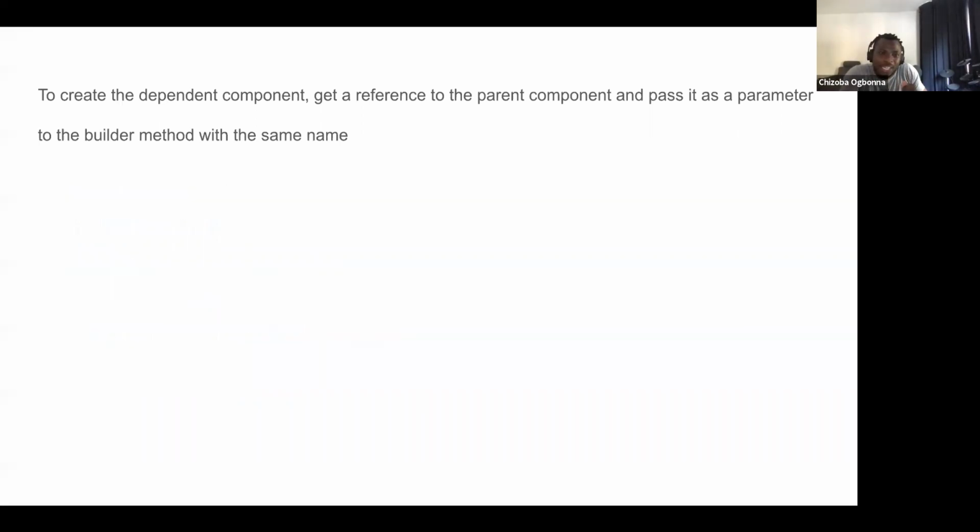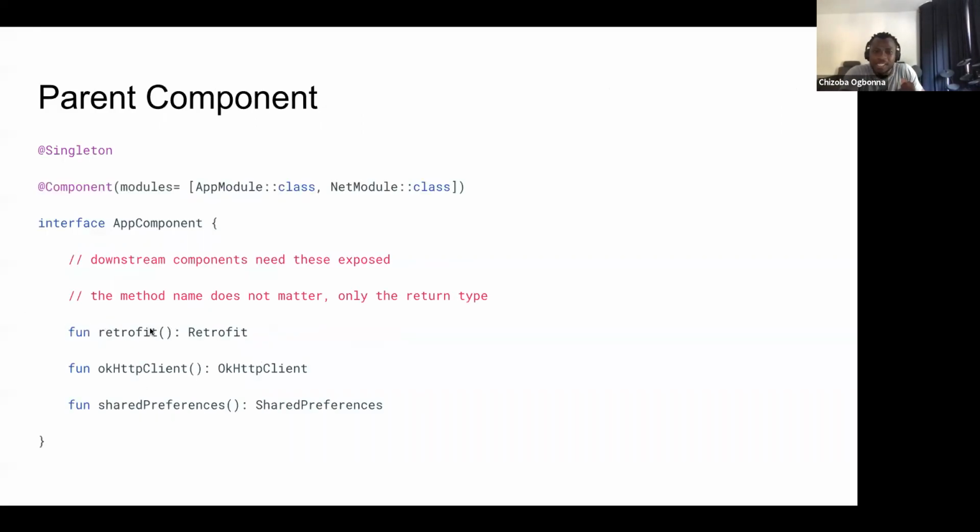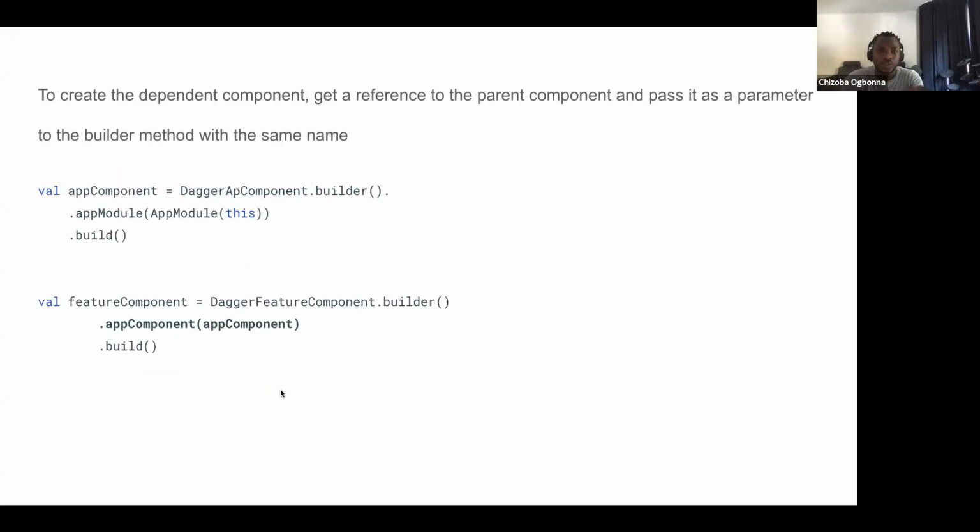And because you've declared these functions, if I have an instance of app component, of course I can say retrofit and it will give me Retrofit. I can say OkHttp and it will give me OkHttp. I can say shared preferences, because these are functions. Once you have an implementation of this interface, you can call these functions. So you can see why this needed to be declared before the dependent component can have access to it. You pass an instance of that app component to your dependent component. It holds that instance and uses it to access those dependencies in its own scope.